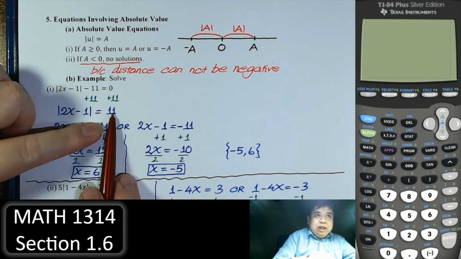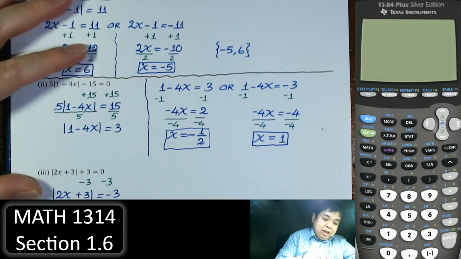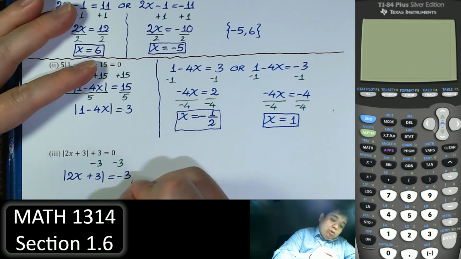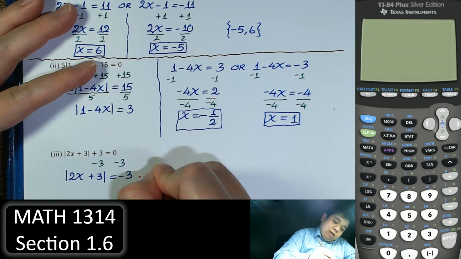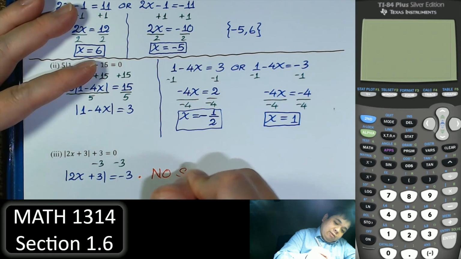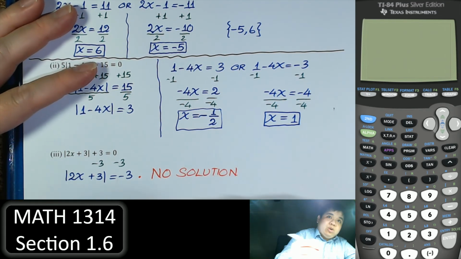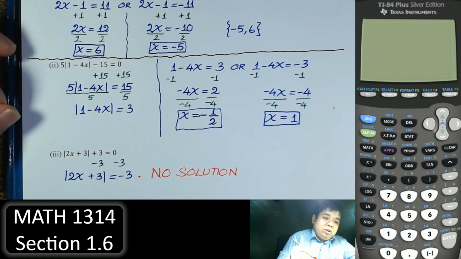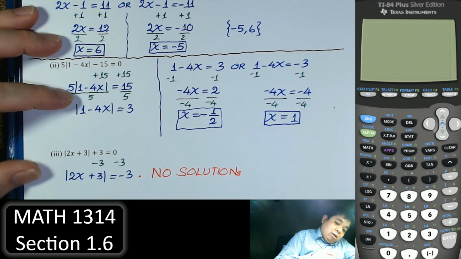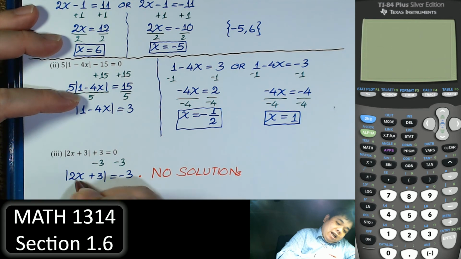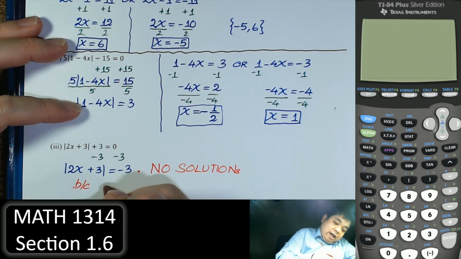When the absolute value is equal to that, we can do the positive and negative. When it is equal to a negative number, we just stop there and say no solution. So if we have an absolute value equal to a negative number, there are no solutions, because once again, the absolute value is a distance, and the distance cannot be negative.